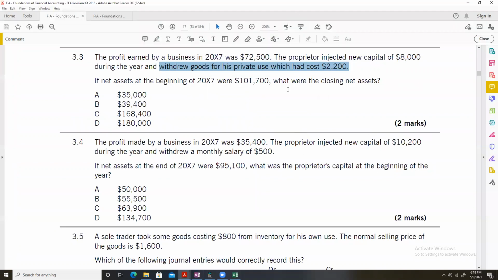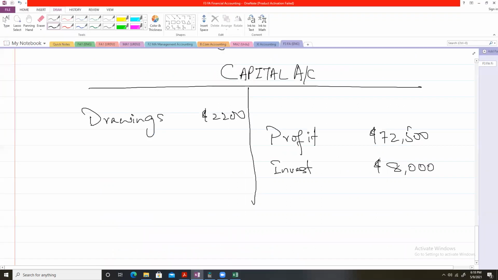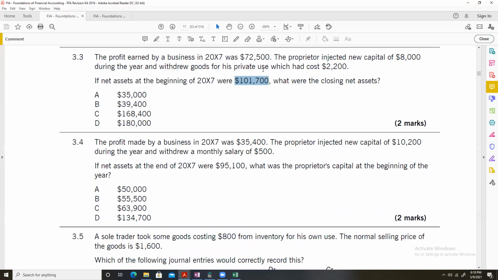Moving forward, the net assets at the beginning of 2007 were how much? $101,700. So here you are given the net assets. Now, I told you at the start of the video that these net assets are actually the capital of the business. This means that at the start of 2007, net assets were 101,700.